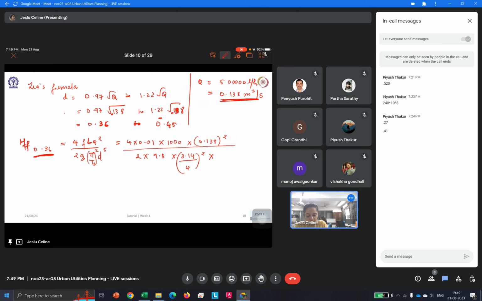This is for 0.36 that we are calculating, so d value is 0.36 the whole raised to 5.